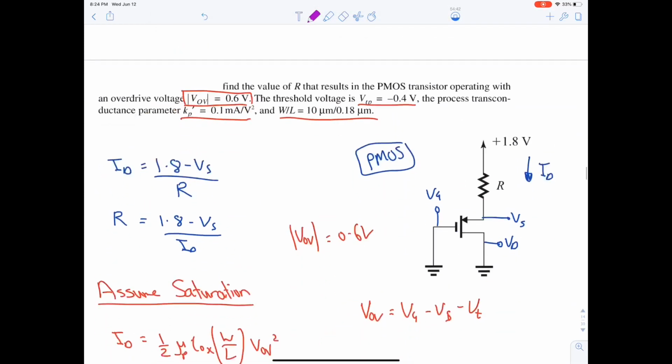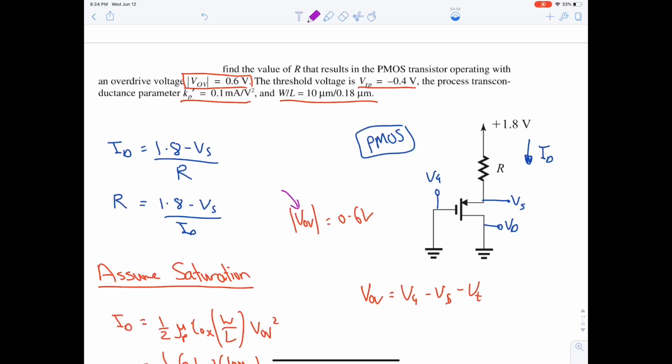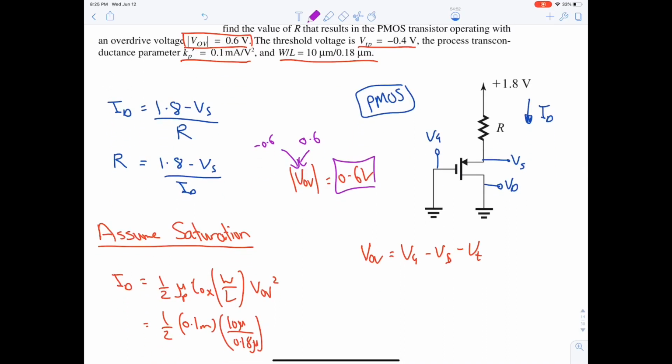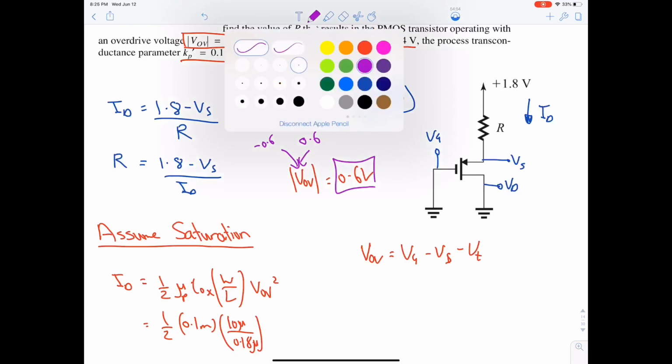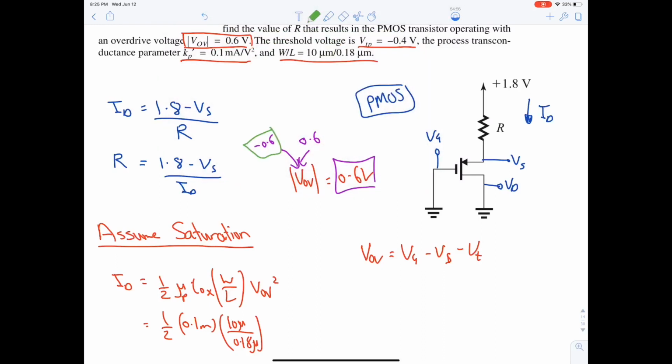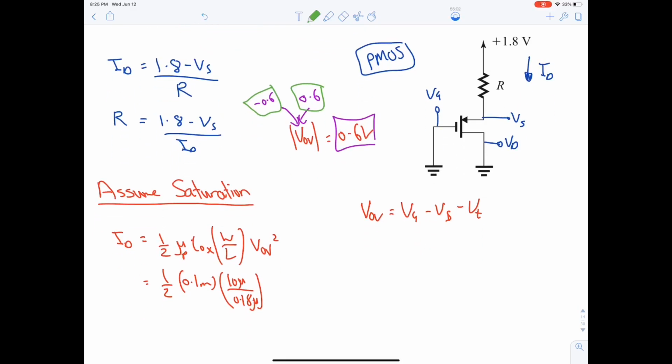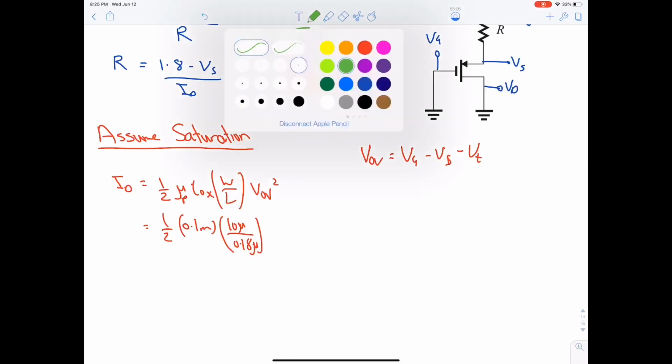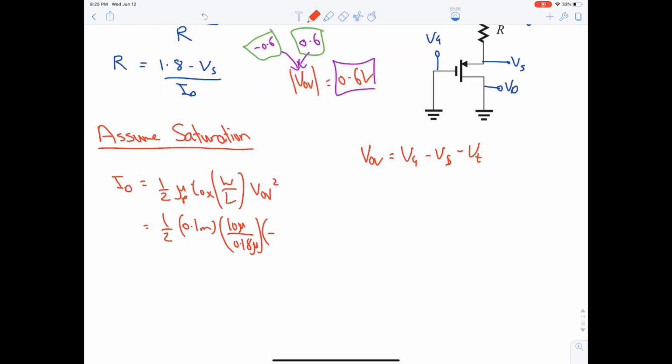This means that VOV itself can be either minus 0.6 or 0.6, and with the absolute value it will become a positive 0.6. Now you have to pick which number you are going to take, minus or the positive number, because it depends on the type of the MOSFET. Because we are in PMOS, then we have to pick the minus 0.6. So make sure you don't fall in this trick, minus 0.6.